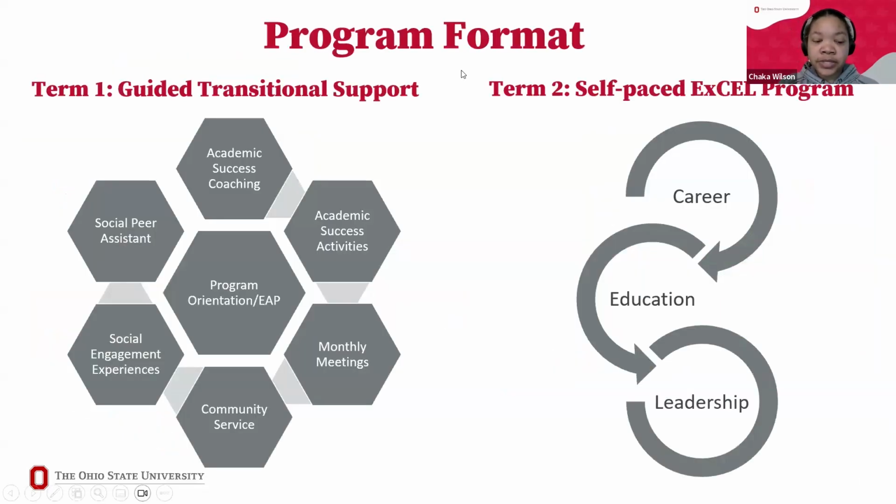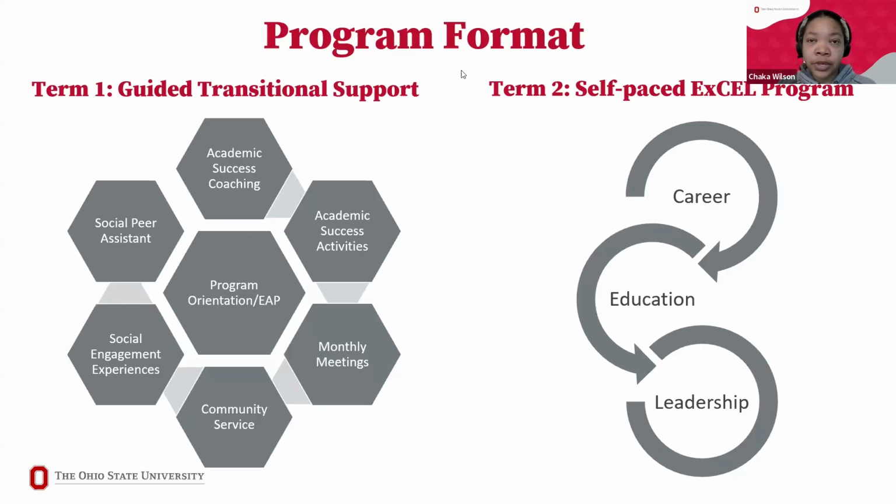Our program is designed for our RCT students over 2 terms, so their first academic year with us. We have academic success coaching, where our students are paired with an academic success coach to help them if they have any challenges in the classroom or to help set goals, academic goals, personal goals. We have academic success activities that we have the students do.